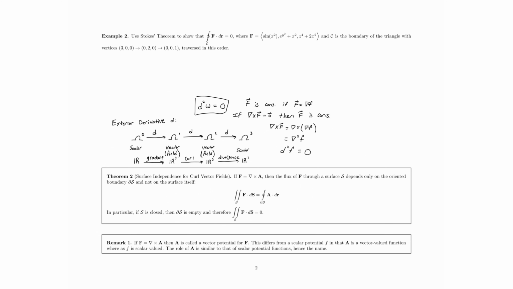And that's exactly why we can check if a vector field, right, if f is the curl of A, then the divergence of f should be 0.